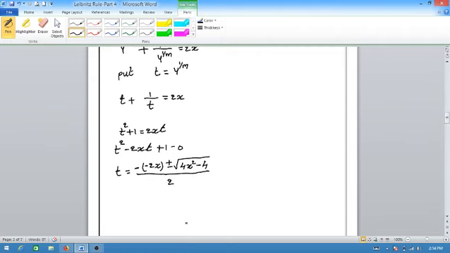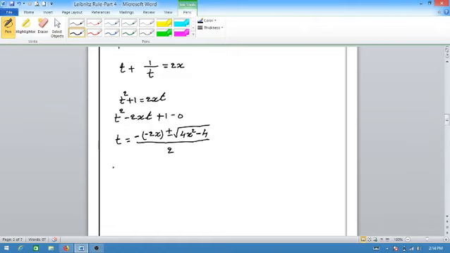So now t is equal to minus into minus plus, so that is 2x plus or minus root of 4x square minus 4. You can take 4 common, root of 4 is 2, root of x square minus 1, divided by 2.